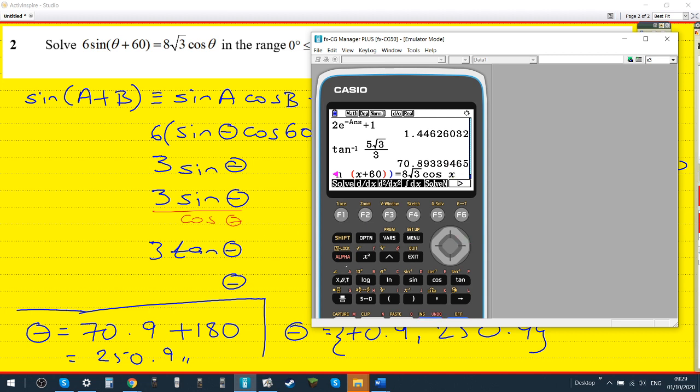Oh well, you got the answers. You know what you're doing. Oh, there we go. That worked, I think. Oh, maybe it didn't. 6 sine x plus... I see it. That shouldn't be there. That's why.